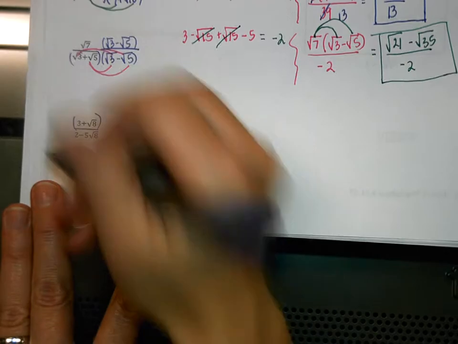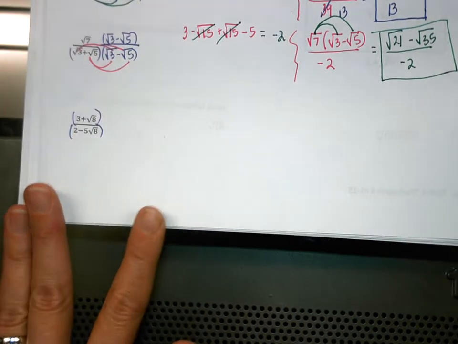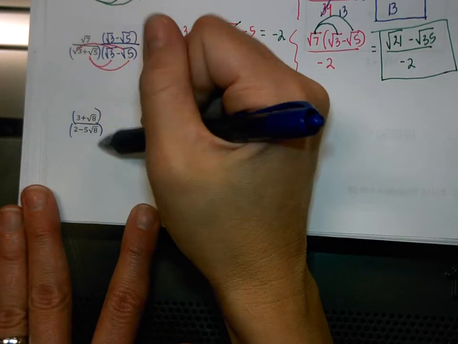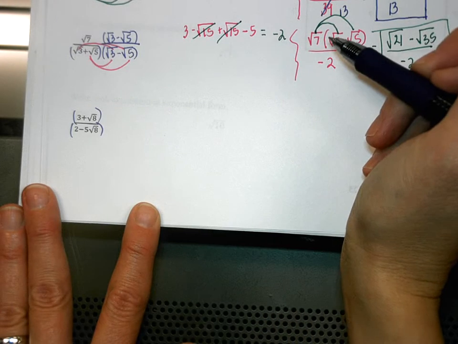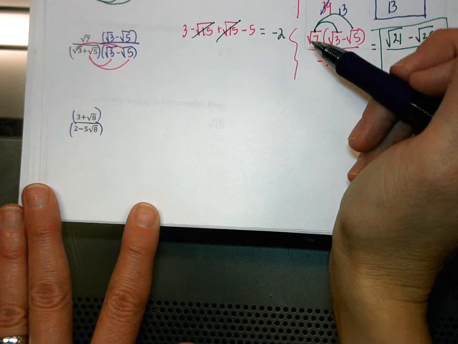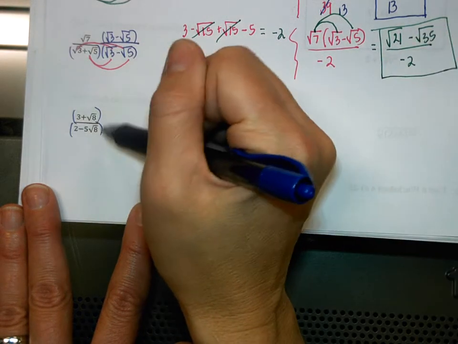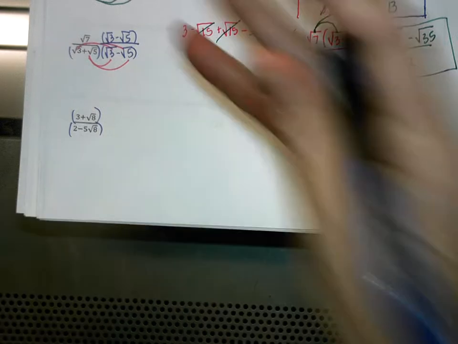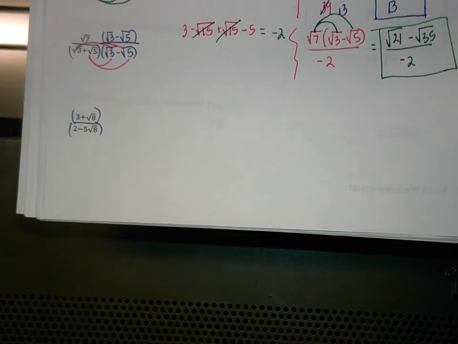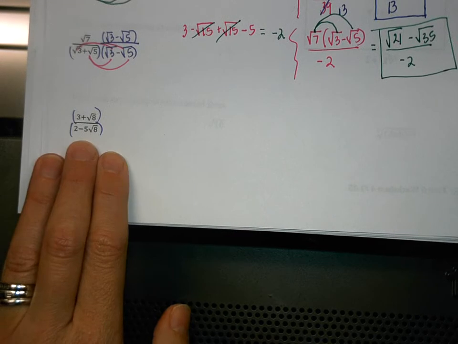Okay, and so again, can I eliminate these root 8s? No, because why? Because they're connected, right? Because of the plus or minuses, they're all stuck together, correct? And so I can't reduce anything, and so now I'm just going to have to multiply by what?